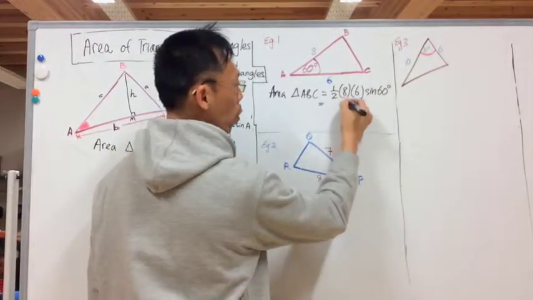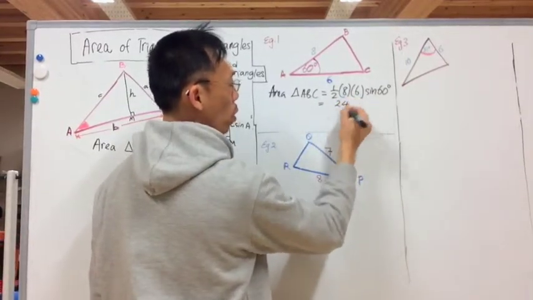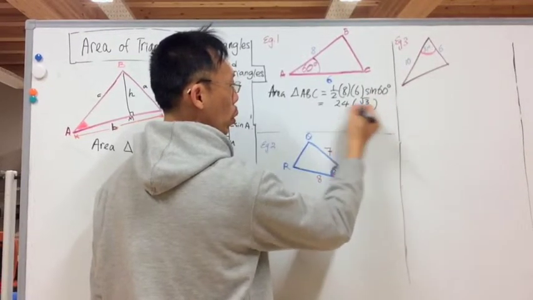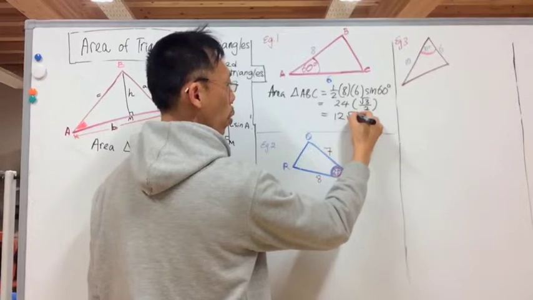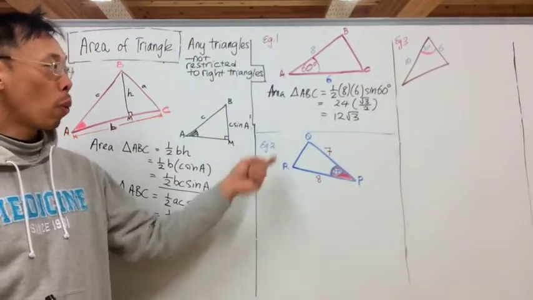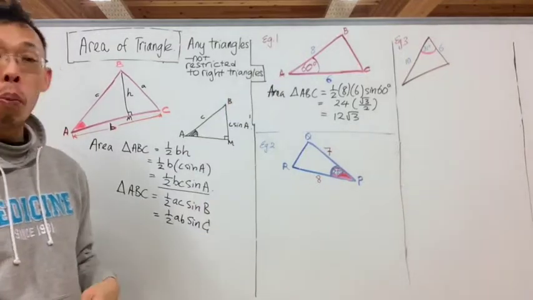So this is 4 times 6, 24, and sine 60 is square root of 3 over 2. So the answer is 12 times square root of 3. See how easy it is to obtain the area just by using this formula.